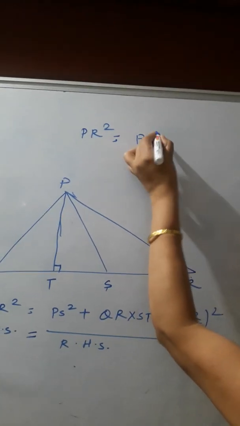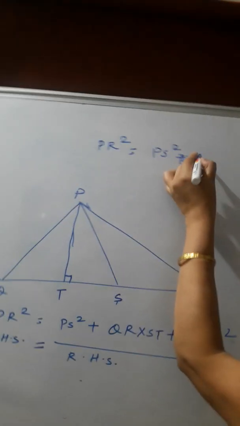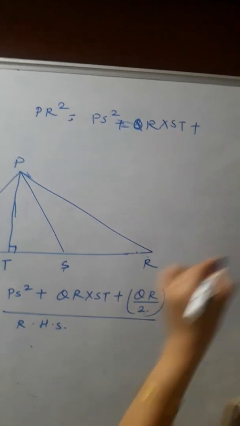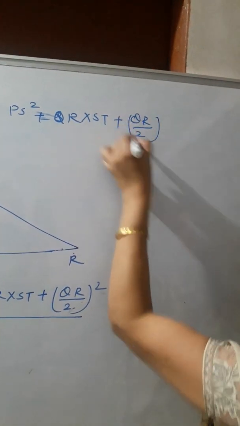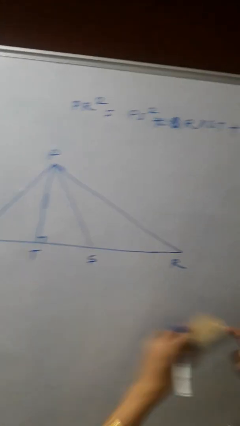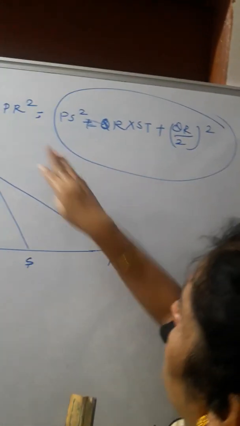PR square is equal to PS square plus QR into ST plus QR upon 2 whole square. Okay. Now first do not think about the RHS. Forget this. Do not think about the RHS.